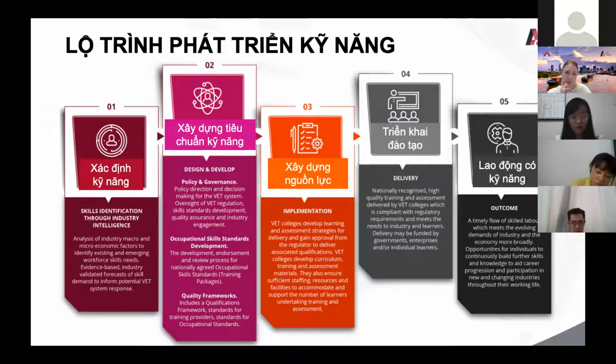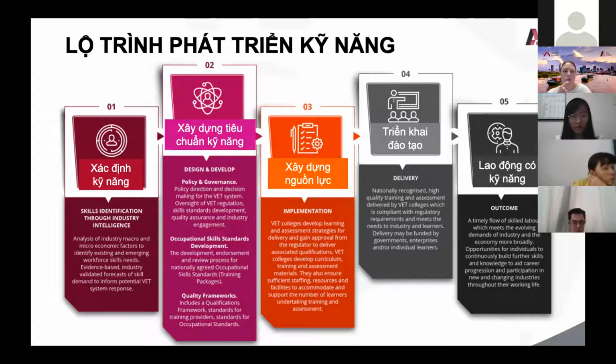We move from industry intelligence into the design and development of occupational standards, quality frameworks, policy and governance, policy development, policy rules, governance over the sector. These all emanate from industry intelligence.